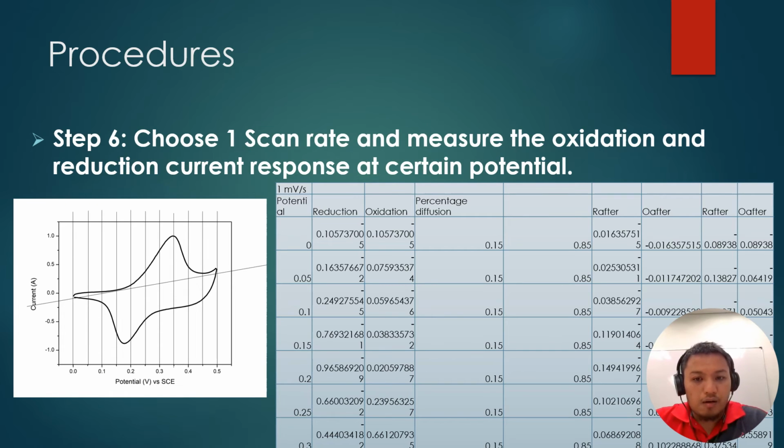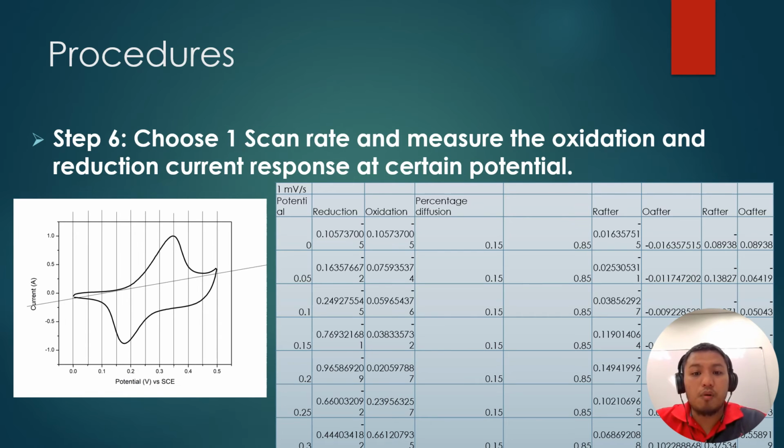Here I calculate both the current response at reduction and oxidation. But in your case, you can calculate just one only. For example, use the diffusion percentage to calculate the current response after and before.